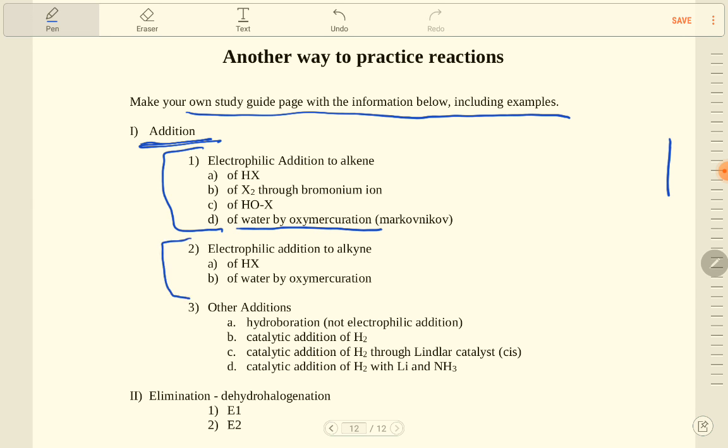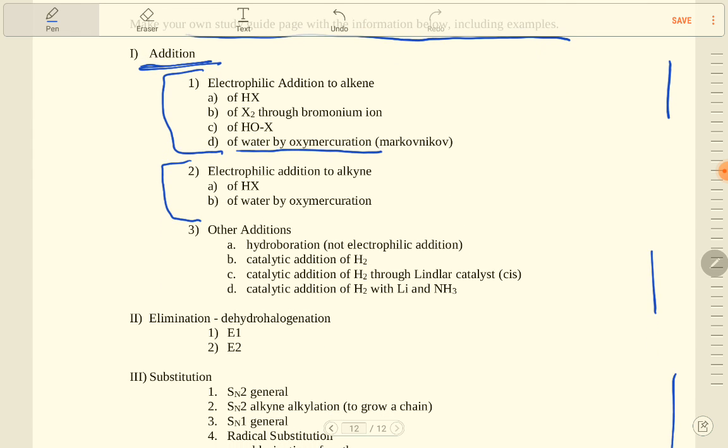Then you do electrophilic addition to alkenes of HX and water by oxymercuration. Other additions are hydroboration, catalytic addition of H2, catalytic addition of H2 through Lindlar catalysis, and catalytic addition of H2 with Li and NH3.